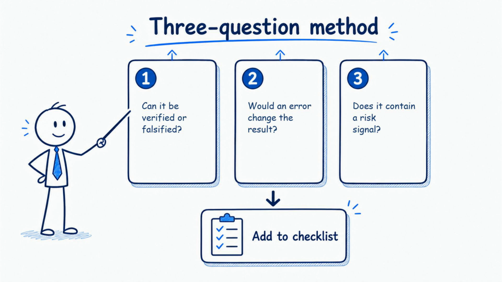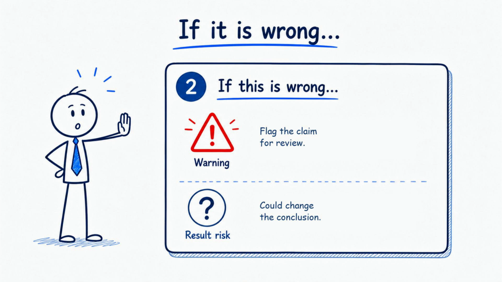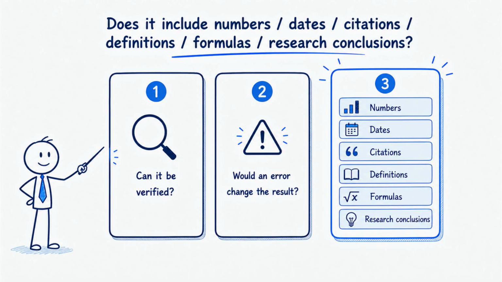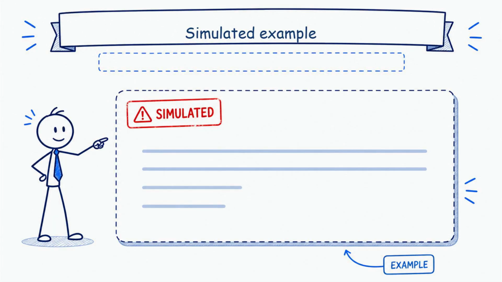First, can this sentence be proven true or false? Second, if it is wrong, will it affect my assignment, paper, report, or judgment? Third, does it include a specific number, date, citation, definition, formula, or research conclusion? If the answer is yes, that claim should go into your checklist.